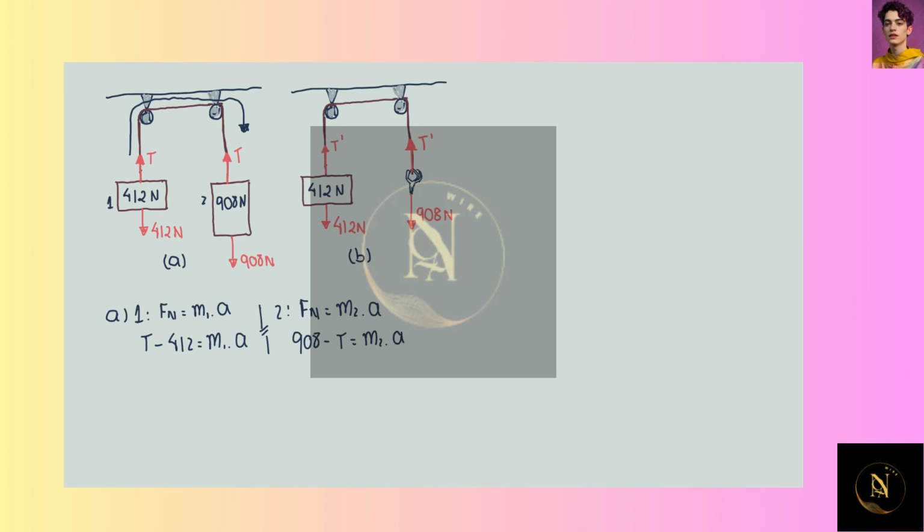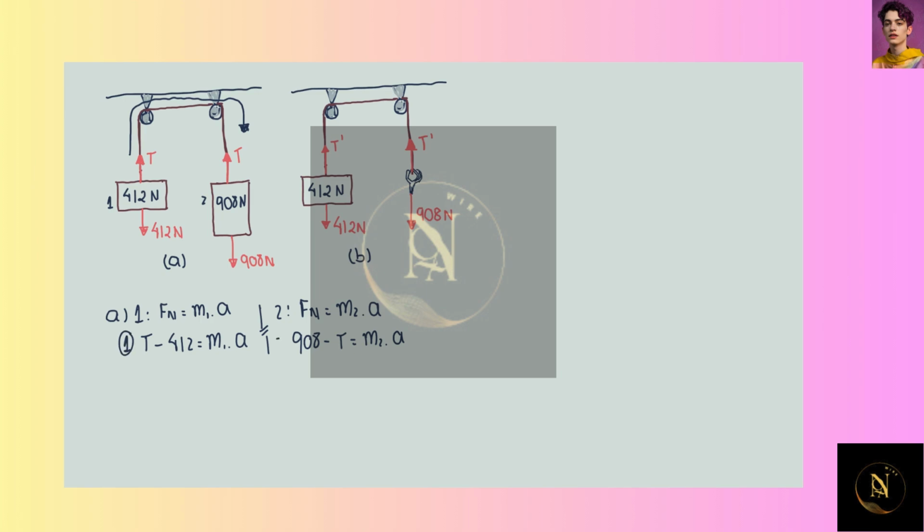Then we have these two equations with two unknowns, the tension and the acceleration. We can calculate the masses using the weight force that was given and the acceleration of gravity, so it's not a big deal. To discover the acceleration, notice that if we add these two equations, the tensions will cancel.